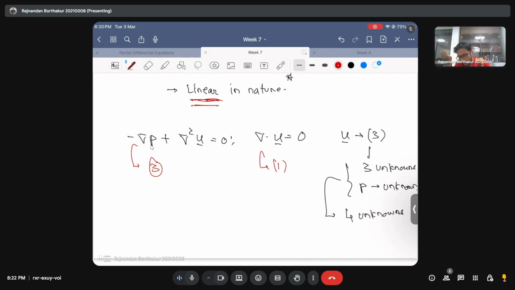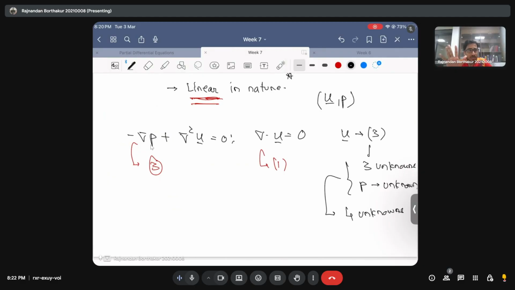Which means, in principle, in order to completely solve for this pair u and P, where u is a vector field with three unknown components, I need four equations to solve for the velocity field and the pressure. Now there's a clever way of reducing the number of unknowns into just a single unknown, which we call the stream function approach.